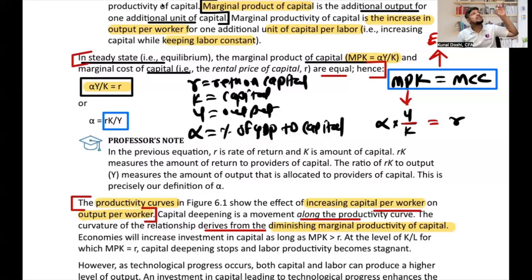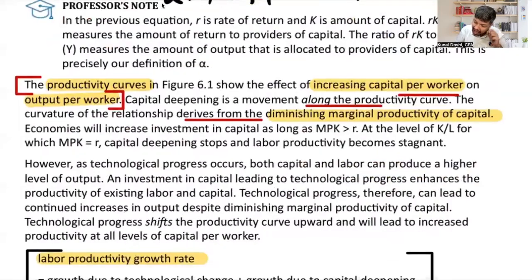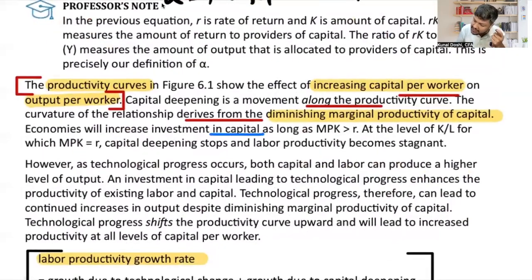Remember, this is what we learned in level 1, that was called diseconomies of scale, isn't it? So guys, see this. I will keep on putting more investment in capital as long as my productivity is greater than cost. Correct? But at this point, when they both match, this is what will happen in a steady economy.